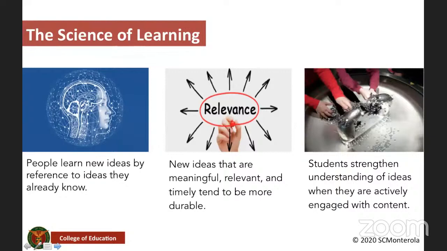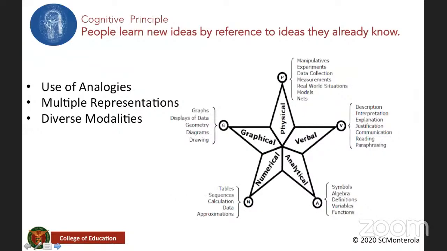They may sound simply stated, but these have neuroscientific underpinnings, with evidence to support these particular principles. So first, let's talk about the cognitive principle, people learning new ideas by reference to ideas they already know.